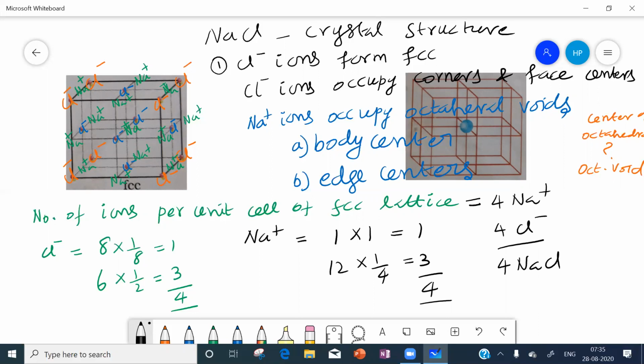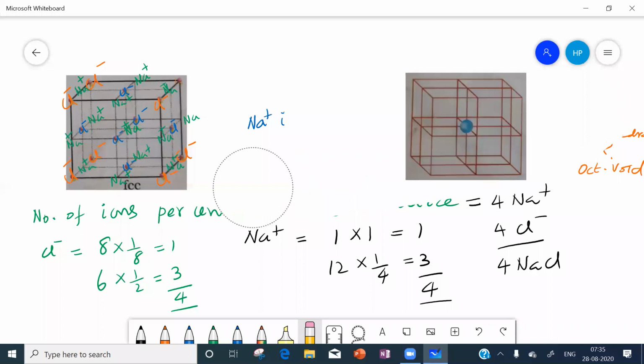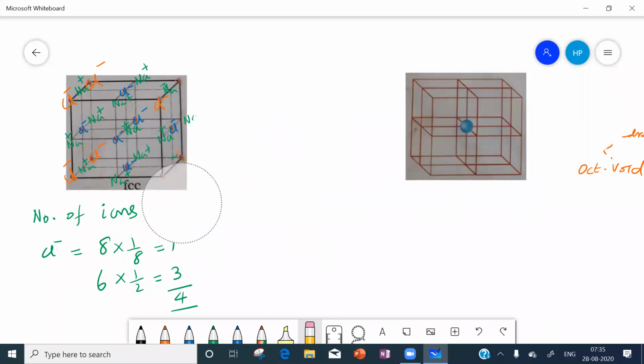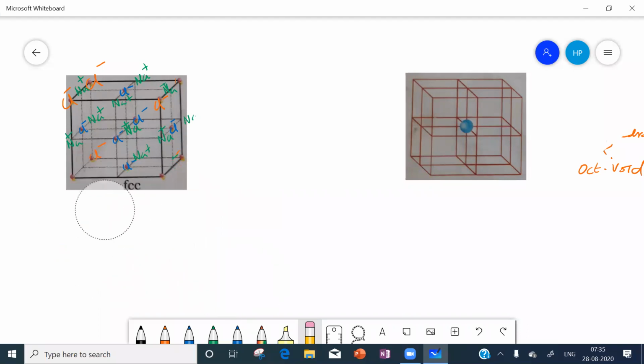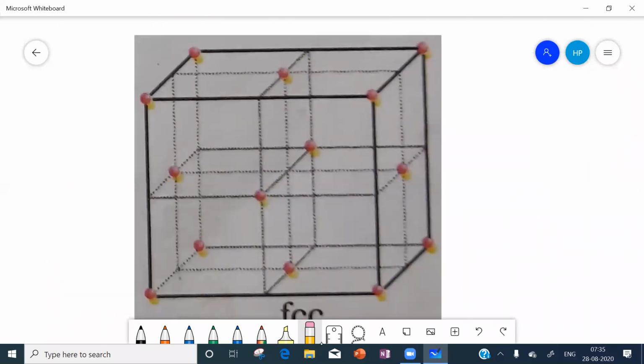Then we will see coordination number. Coordination number we will see for Na plus and Cl minus ions. Now this is the body center.